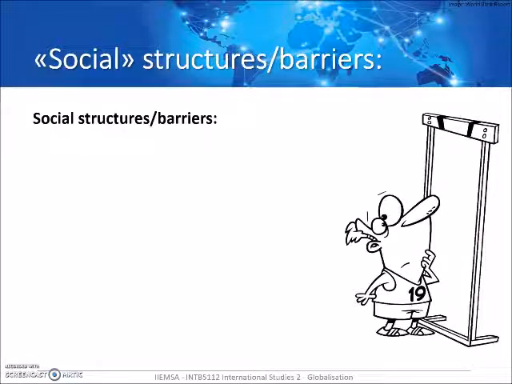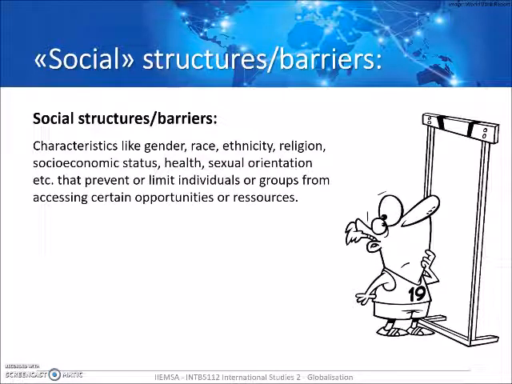What do we think of when we talk about them? We're looking at characteristics like your gender, race, ethnicity, religion, socioeconomic status, health, so disability or ability, your sexual orientation, etc., that can prevent or limit an individual or a group from accessing certain opportunities or resources, and therefore limit them from being more globalized and having better access to the opportunities and resources that globalization can provide.